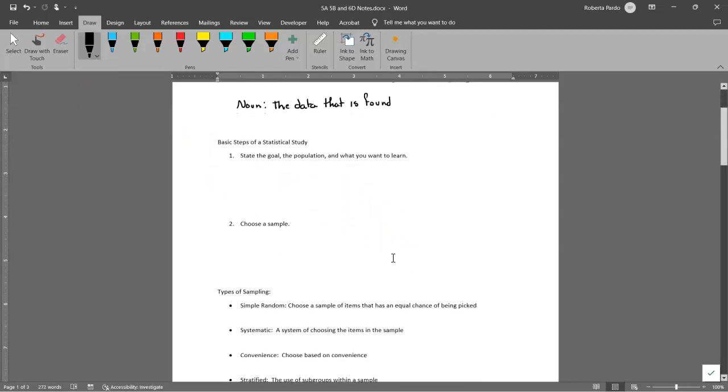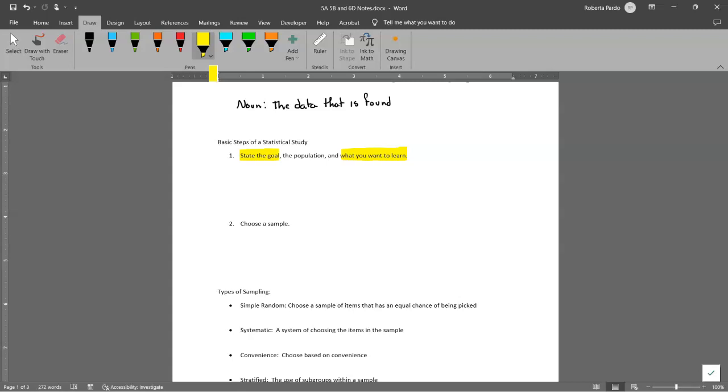You always want to state the goal, who the population is, and what you want to learn. Sometimes we can think about the goal and what you want to learn as the same thing. Those two things can be one and the same, or they could be different.